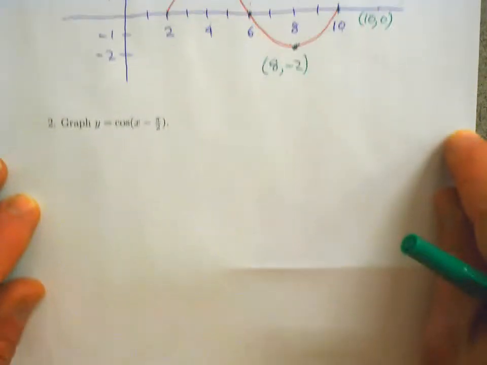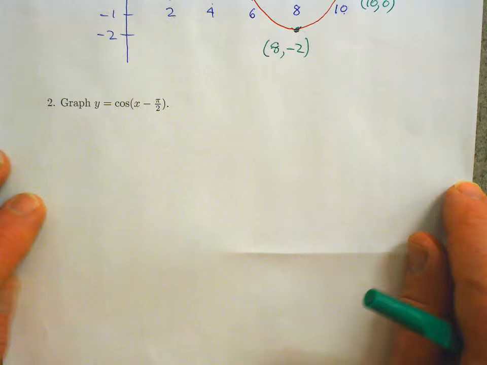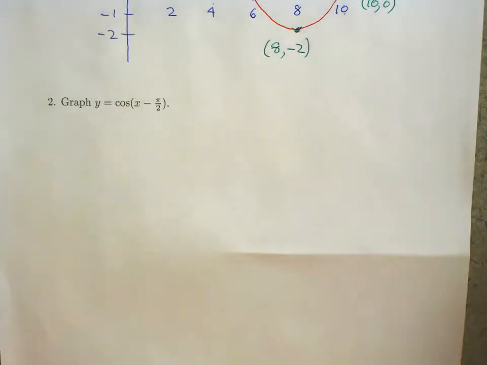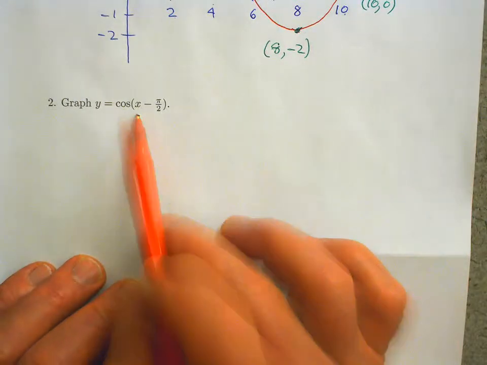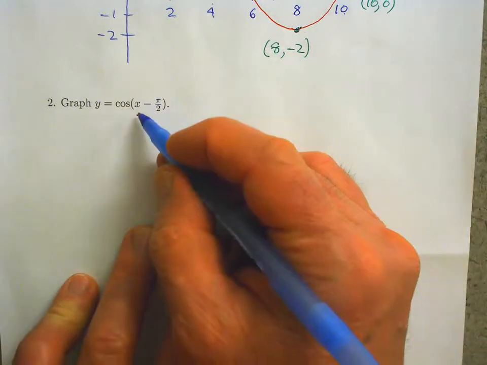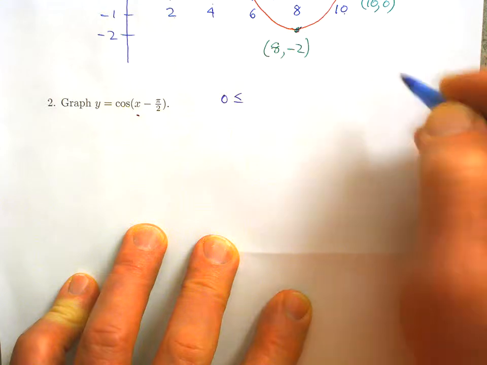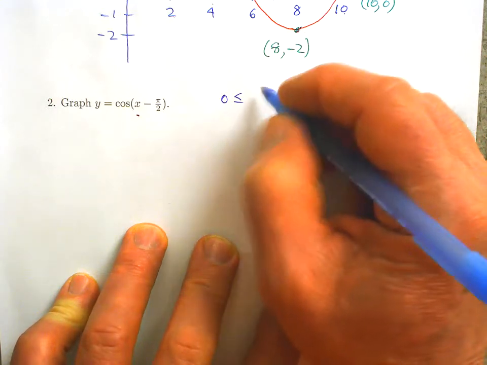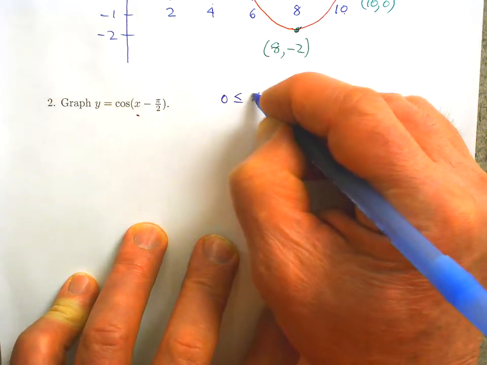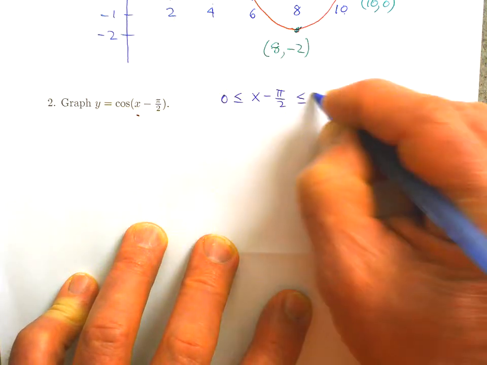Okay, let's graph the cosine function. Well, the period of this one is 2 pi. My argument, x minus pi over 2, I need that to be between 0 and 2 pi. So 0 is less than or equal to x minus pi over 2, which is less than or equal to 2 pi.